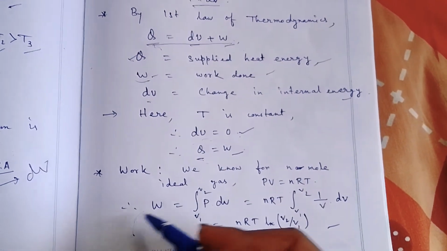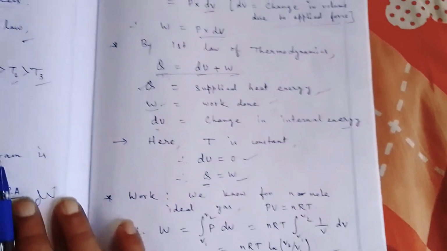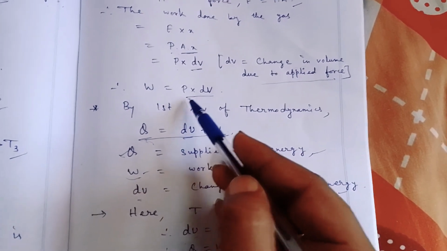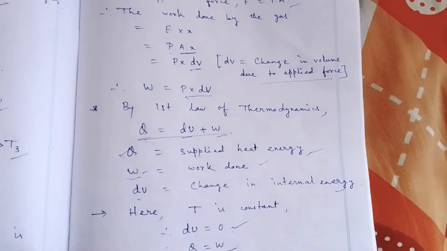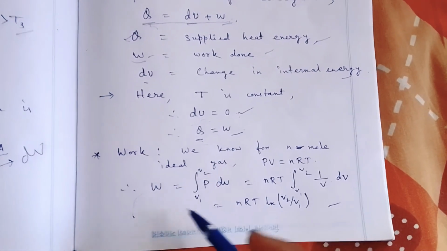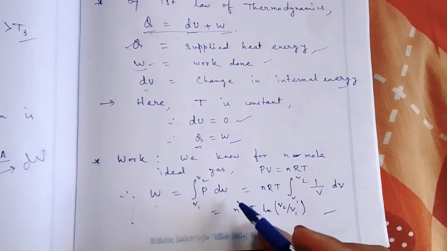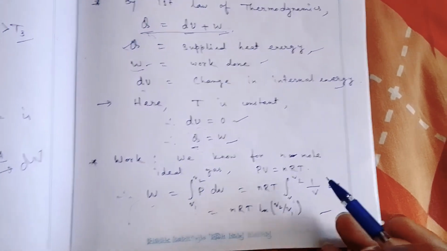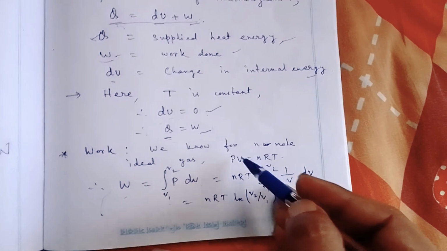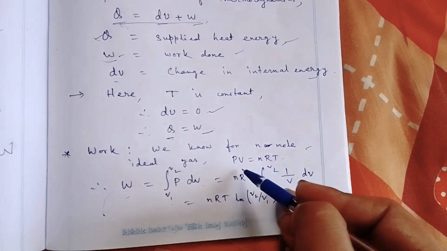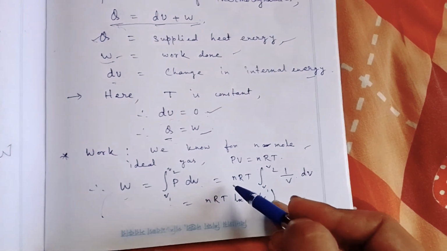From this we can calculate the work done or the supplied heat energy by integrating for a change in the volume. So we will get W is equal to the integral from V1 to V2 of P dV. We know that for an ideal gas of n moles, PV is equal to nRT.